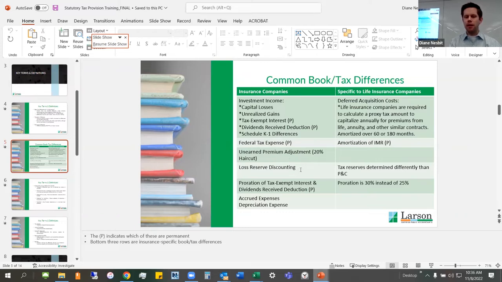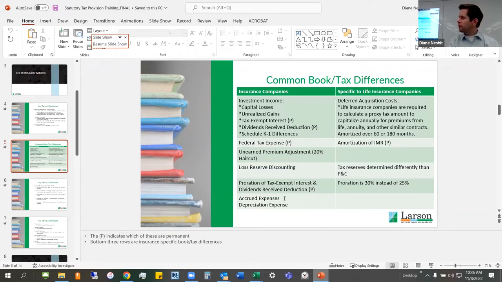And then for your deduction for losses, the tax code makes you discount those losses, so there's always a book tax difference for that. We'll also go over some accrued expense adjustments that are required for calculating taxable income in the provision.